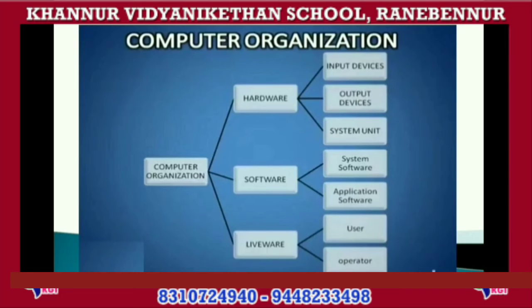Then what is application software? Application software is nothing but MS Office, meaning MS Word, MS Excel, MS PowerPoint, MS Access, or your PUBG game. All these are application software only. Then what is software? Software is a set of instructions given by human beings to a computer.